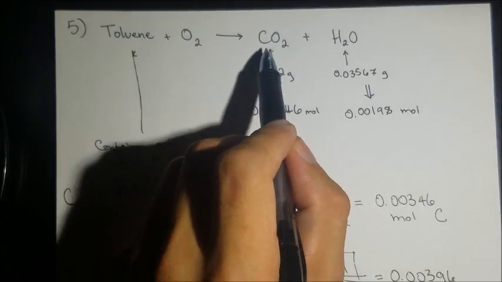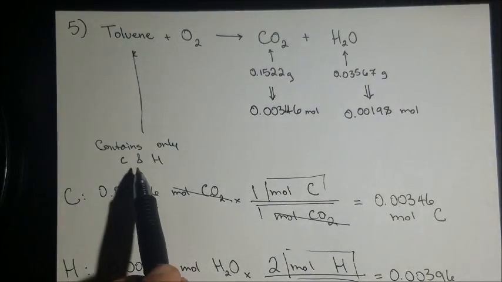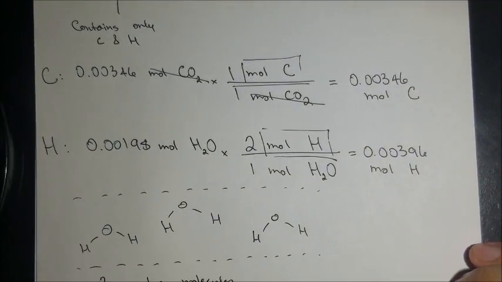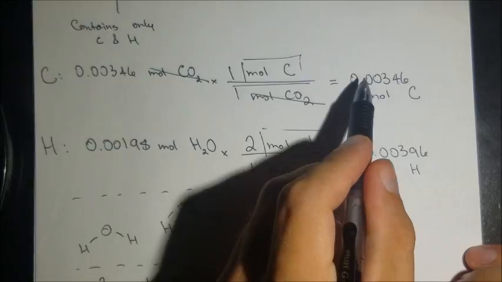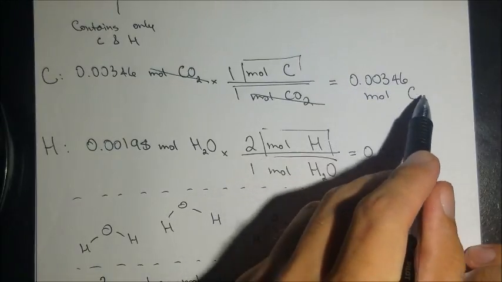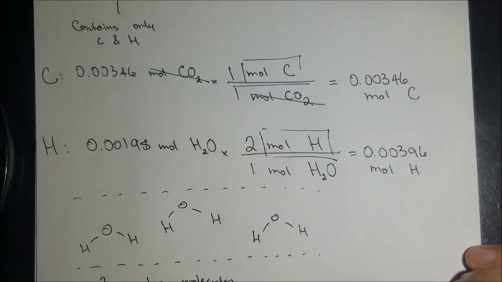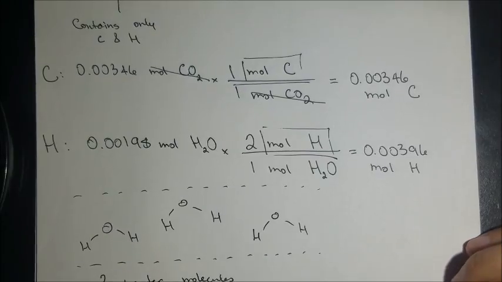And since the only place that the carbon and the hydrogen could come from is the toluene, we can suggest that these two numbers of moles, so 0.00346 moles of carbon and 0.00396 moles of hydrogen, can make up the empirical formula for our hydrocarbon analyte.